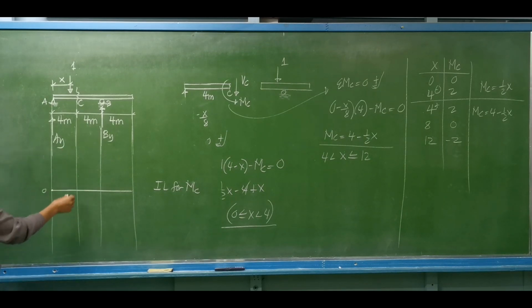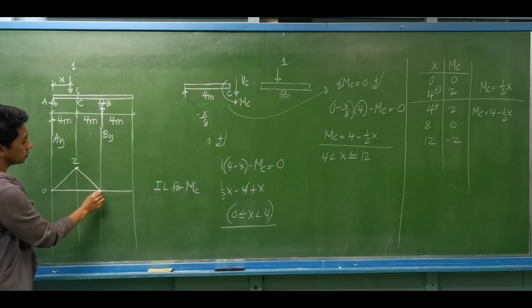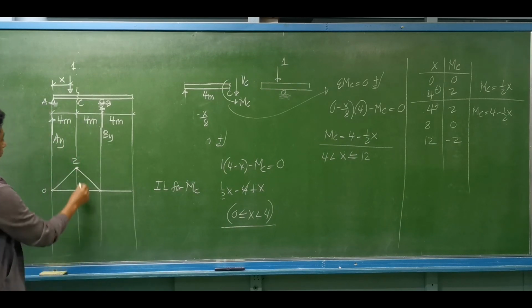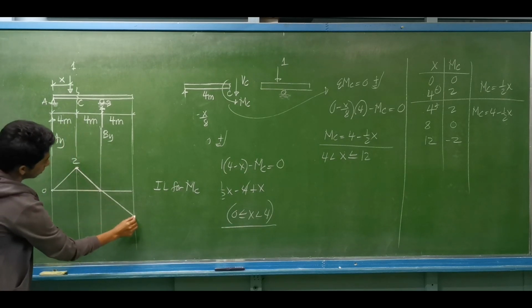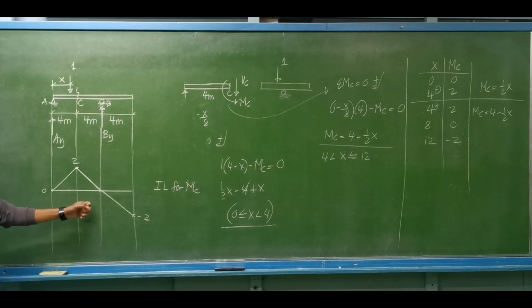At x equal to 4, that will be positive 2. At x equal to 8, we have 0. At x equal to 12, that will be negative 2. So this will be the influence line for the moment at C.